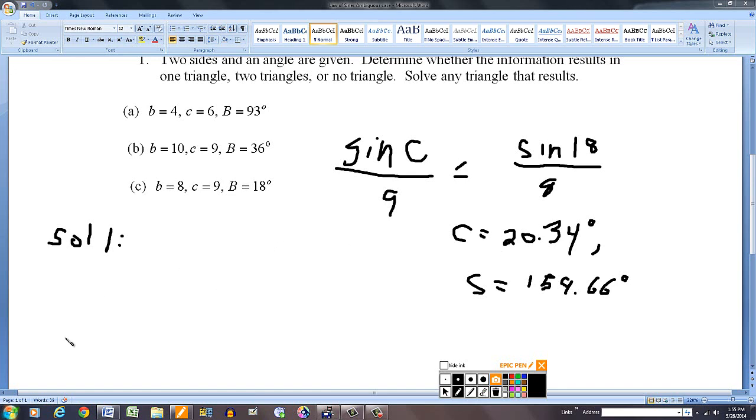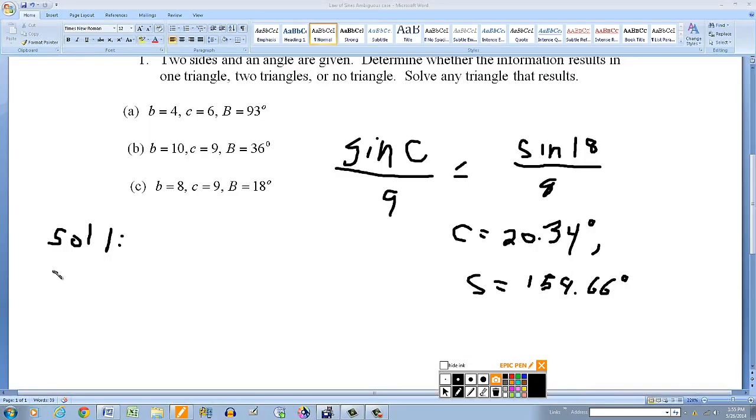So since there are going to be two values for C, I'm going to call the first one C1. So C1 will equal 20.34 degrees. So this is for the first triangle that I'm doing. Okay, 20.34. And this is capital C here. Okay, it's an angle.